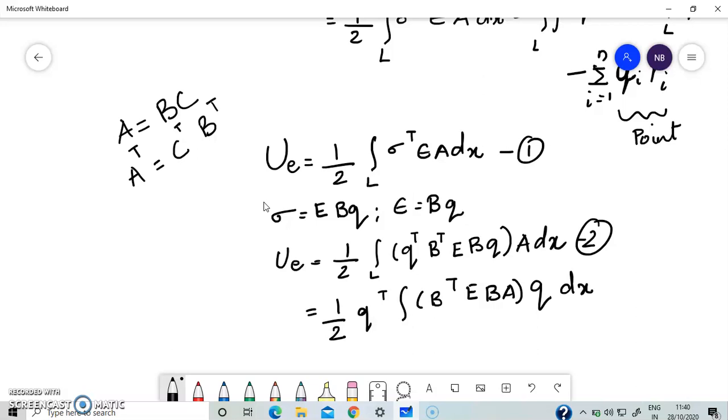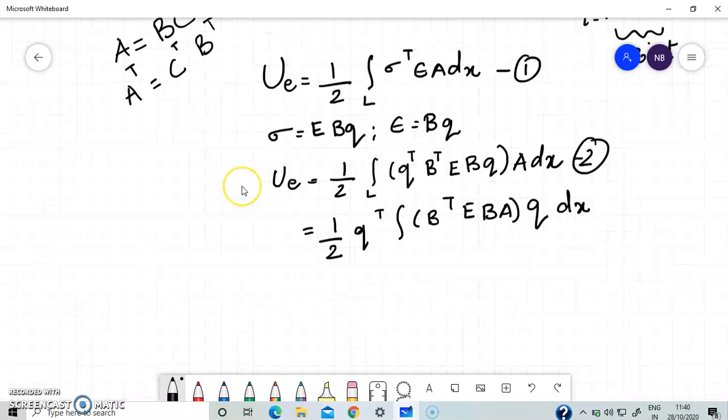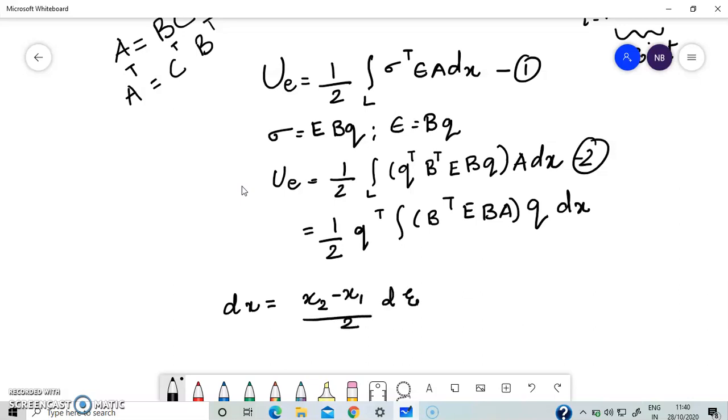So in the finite element model, the cross-sectional area of the element, denoted by A, is a constant. Also B is a constant matrix. Now when we want to convert from x to zeta, we will get dx equals x2 minus x1 upon 2 d zeta.